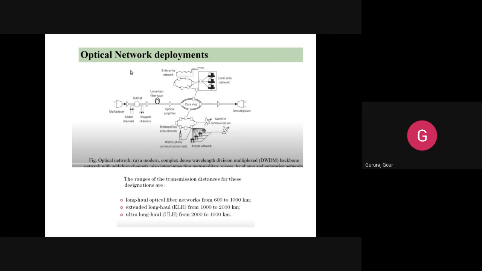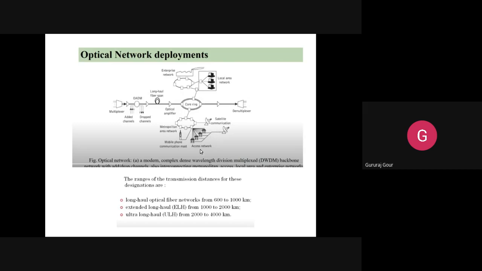The central part of this deployment of an optical network is this core ring. You are observing here, no? The core ring is there. This core ring is going to connect these multiplexers and demultiplexers, OADMs, optical amplifiers, along with the different types of networks, like the enterprise network here, along with the LAN.